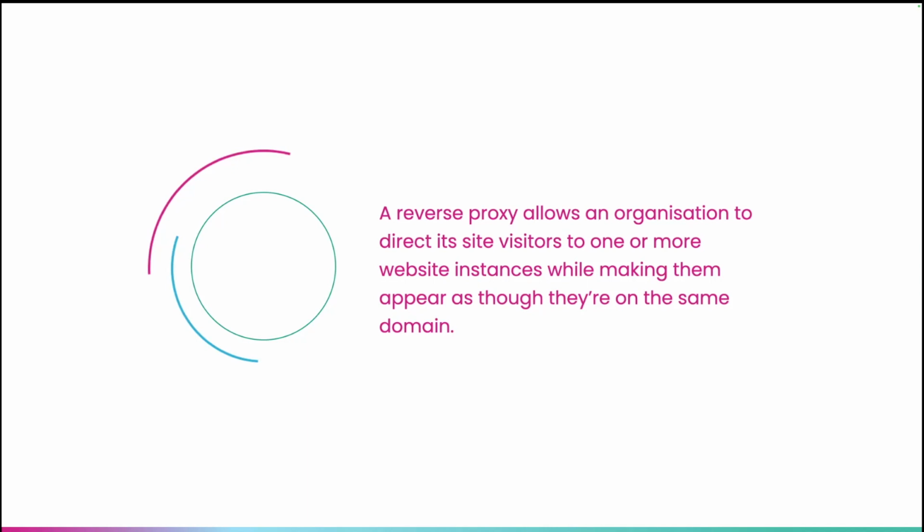It could be that you started building your site in content types and entries, but you still want to serve content that exists maybe with a legacy provider and look as though it's all coming from the same URL. It could be that you're running an e-commerce shop on a different platform, maybe something like Shopify, and you want to make your shop look as though it's running off the same domain as the rest of your website. Using a reverse proxy enables you to do that.